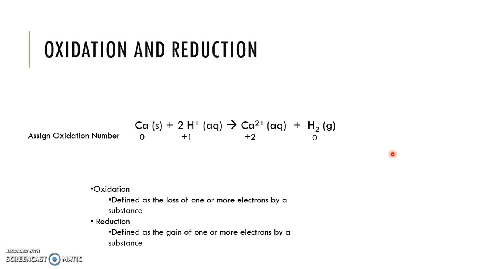Looking at the definition, for calcium, you can see that the oxidation number changes from 0 to +2. This means that calcium has lost electrons. From the definition, when a substance loses electrons, it has been oxidized.